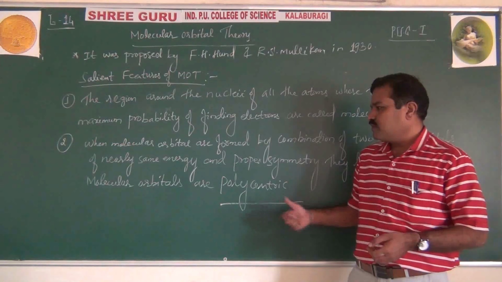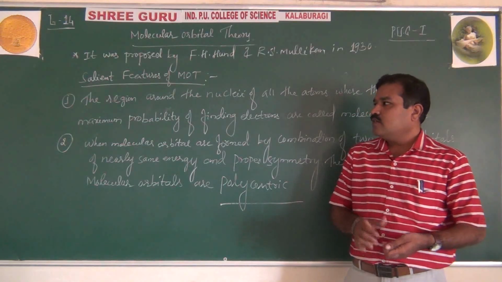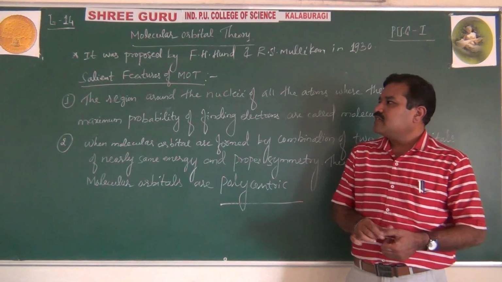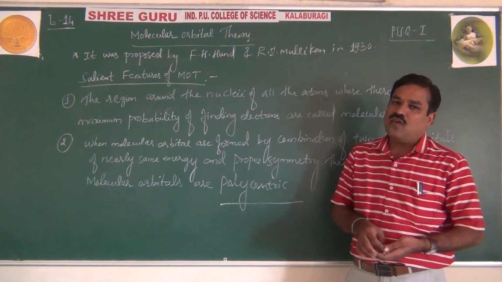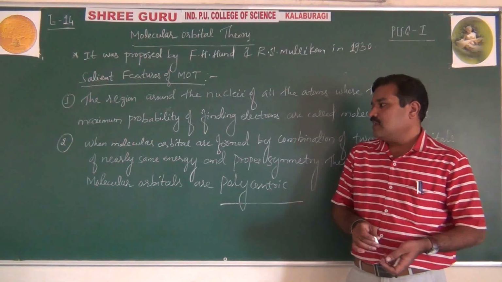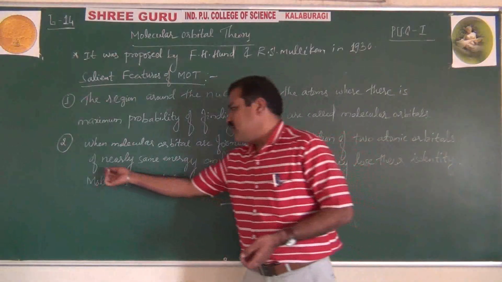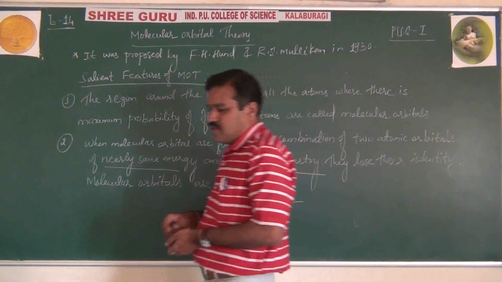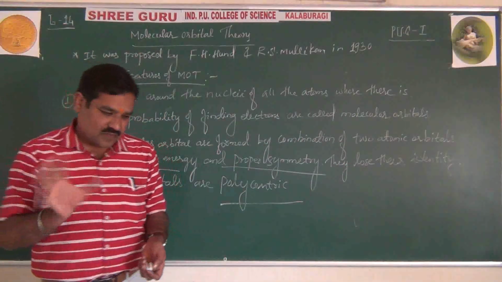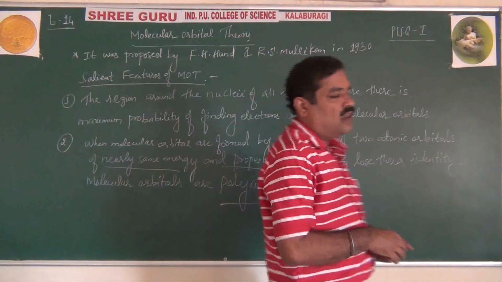That is the meaning. These are the first two salient features: first the definition of molecular orbital, then how molecular orbitals are formed. Nearly same energy, proper symmetry, very important. Equivalent energy and proper symmetry. With improper symmetry, orbital overlap is not possible.